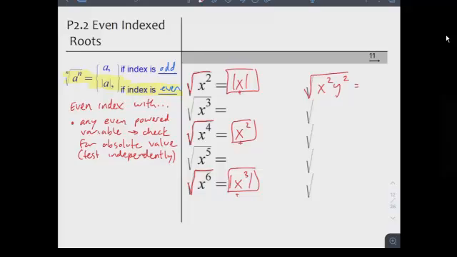If we're looking to simplify this, we simplify the x's, we can remove one x with no x's left inside. For the y's, we can remove one y with no y's left inside. So this is your simplified form. We have to test these independently. So when we go back in and test this, we're just testing the x's by itself.